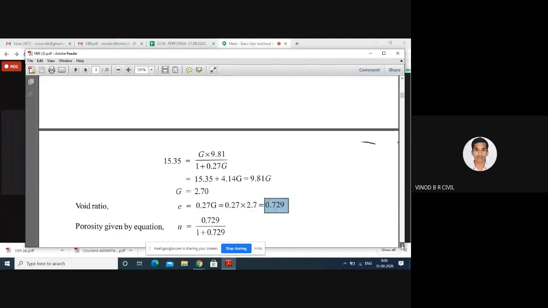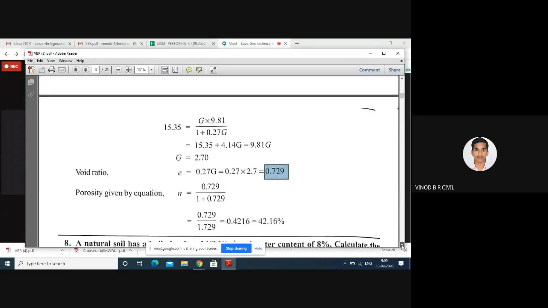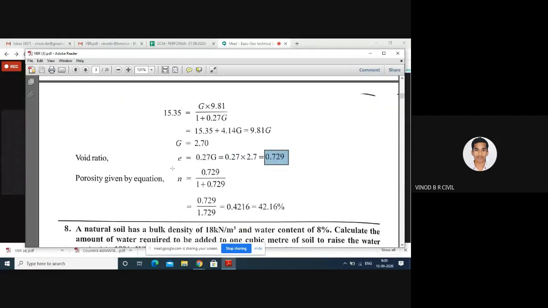And porosity n is equal to e divided by 1 plus e. Therefore e, which we already calculated, is 0.729, so 0.729 divided by 1.729, that is 1 plus 0.729.